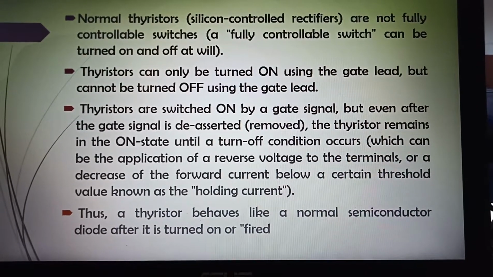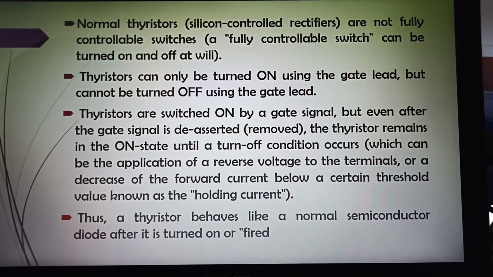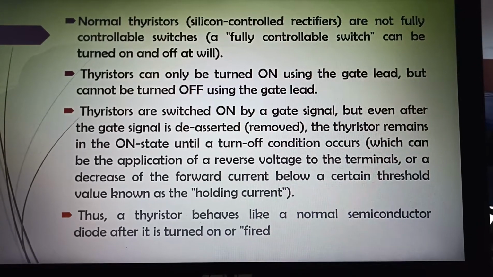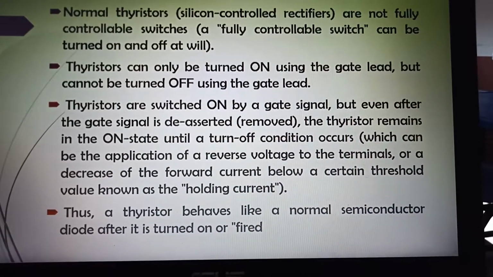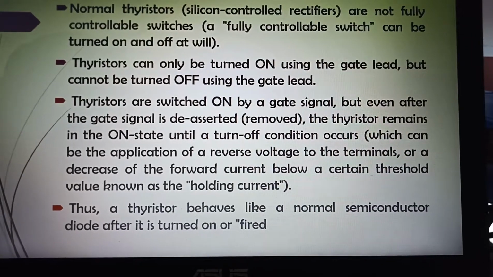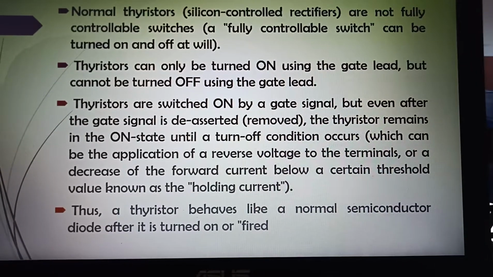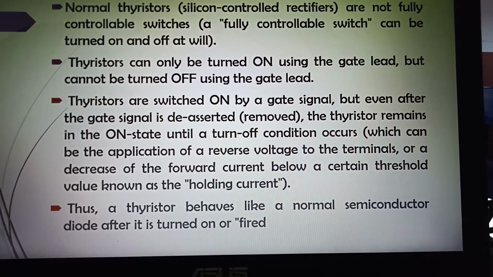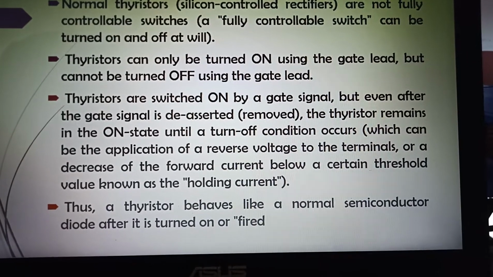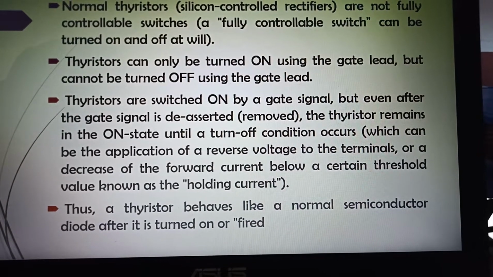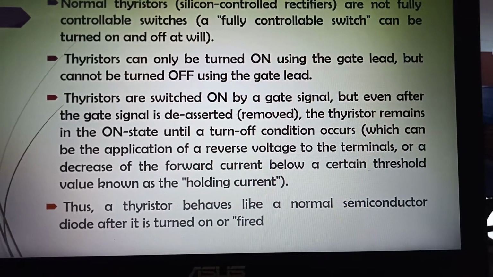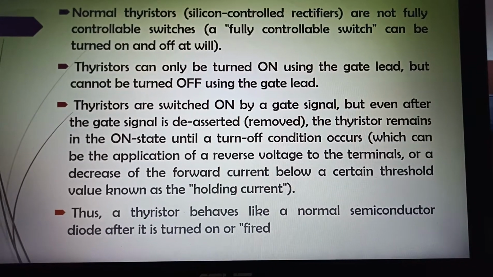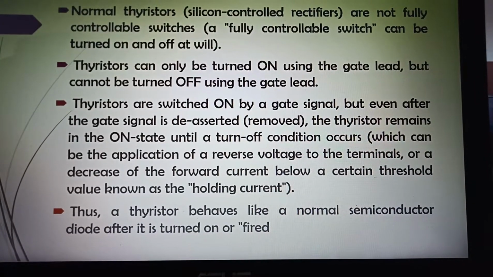Thyristors are switched on by a gate signal, but even after the gate signal is removed, the thyristor remains in the on state until a turn-off condition occurs, which can be application of reverse voltage to the terminal or a decrease of the forward current below a certain threshold known as the holding current. Thus, a thyristor behaves like a normal semiconductor diode after it is turned on or fired.